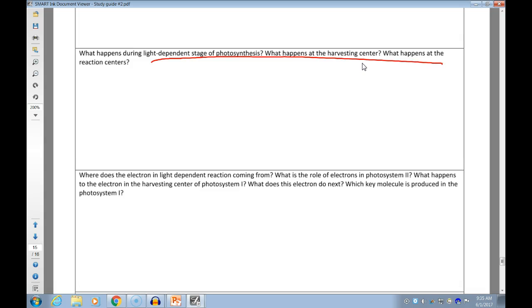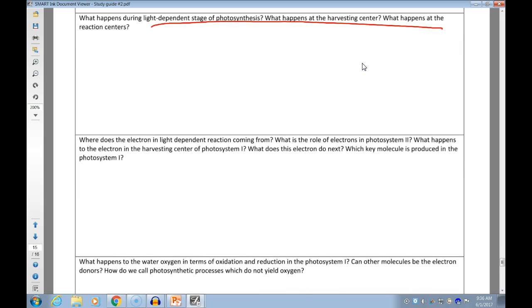Light-dependent stage, photosystem 2, photosystem 1. What are the steps? What are the products? Where do electrons go? From water. And then you have detailed questions, okay? ATP produced by photosystem 2 and NADPH for photosystem 1.